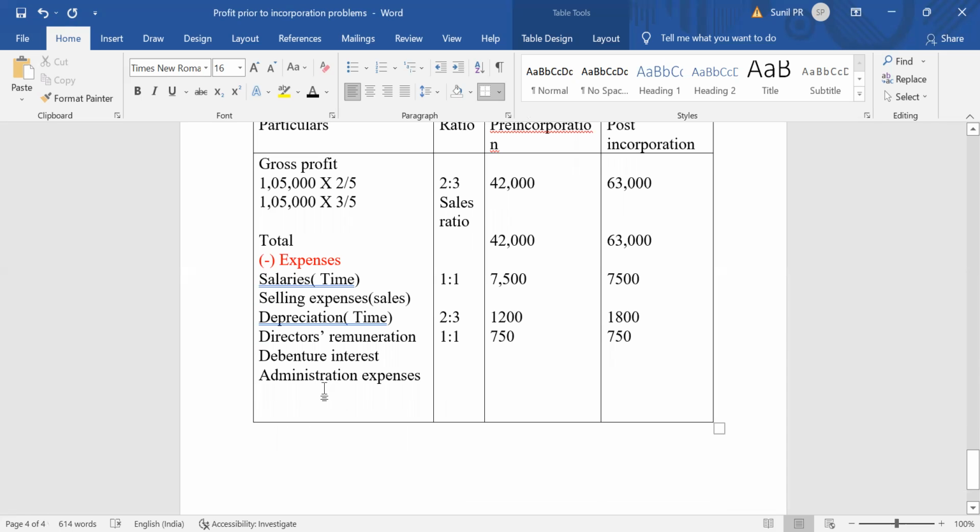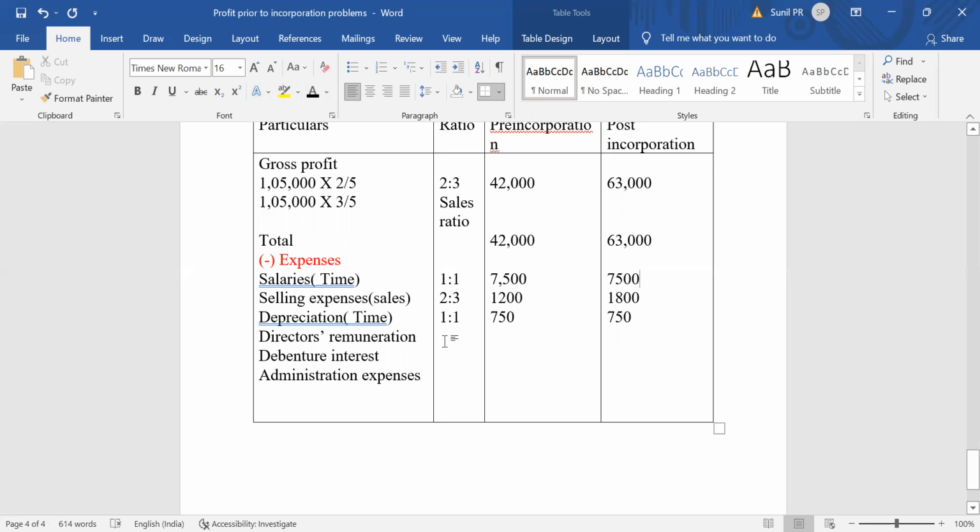Now, debenture interest is 90, and salary of manager is 750. One second, I have missed out. The alignment went a bit off there.